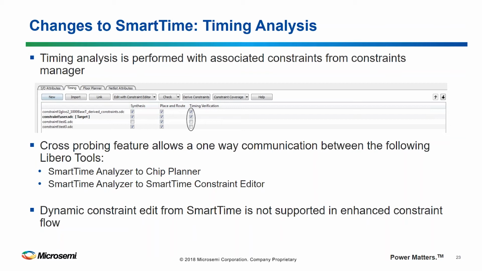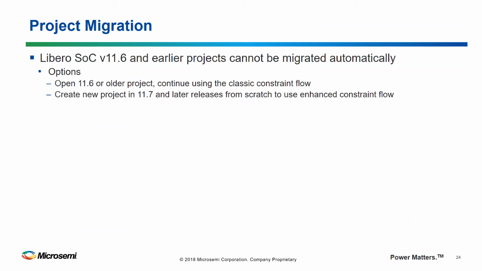We can also cross-probe between the static timing analysis tool and the constraint editor to allow me to enter any exceptions that I might have forgotten to enter when I first constrained my design. So if I look at a path that has a violation and I study it and I realize that I should have put a false path exception there, or maybe that's a multi-cycle path, I can add an exception while I'm doing my timing analysis and regenerate the delays, and then see if I still have any violations.